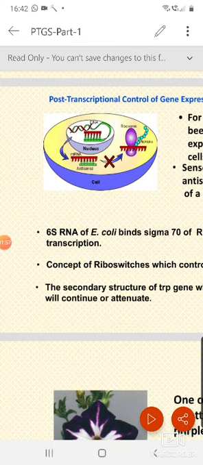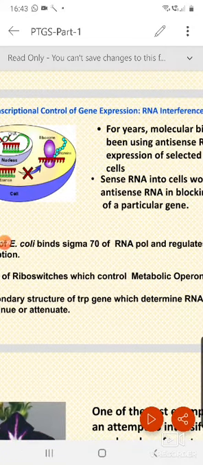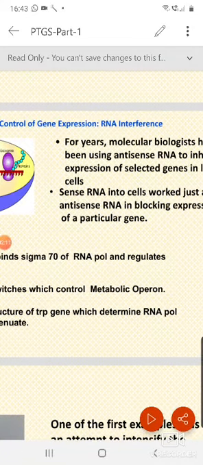Later, when they introduced double-stranded RNA, they found that the gene expression level reduced remarkably. It was later identified that for the former two cases, where they used antisense RNA and sense RNA, both the solutions had a contamination of double-stranded RNA.